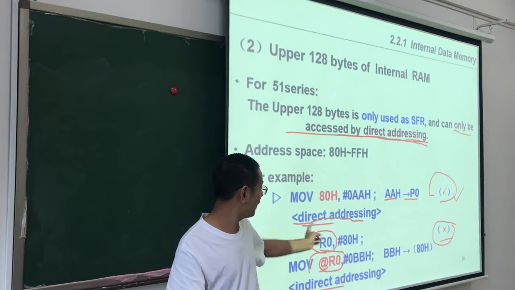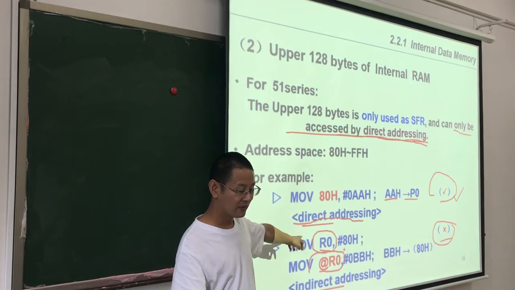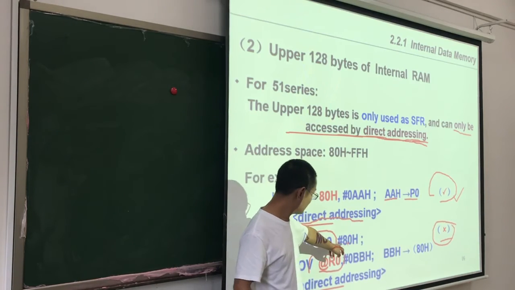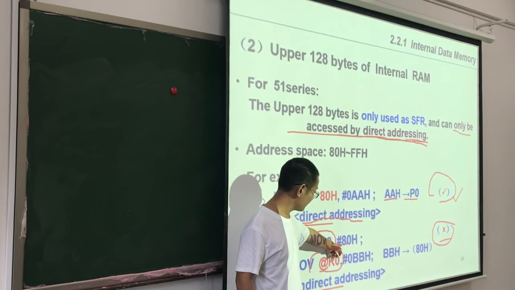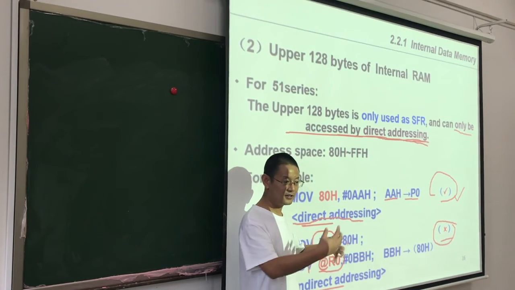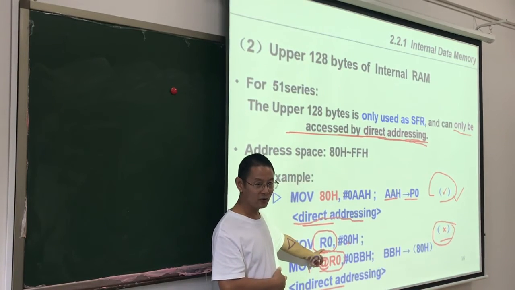The register is R0. This data is an address, just a number, stored in R0.